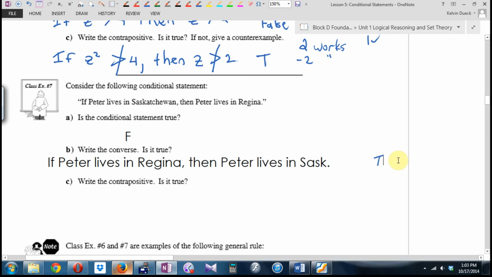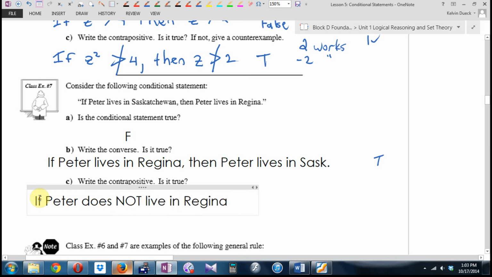So now negate the converse. If Peter does not live in Regina, then Peter does not live in Saskatchewan.